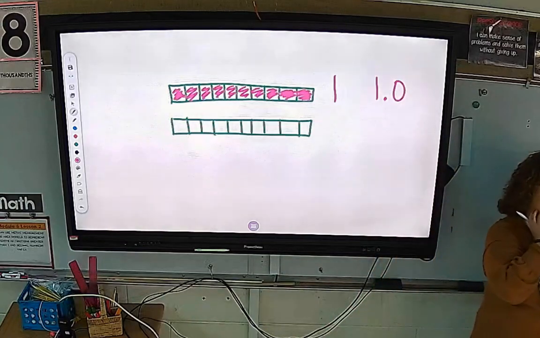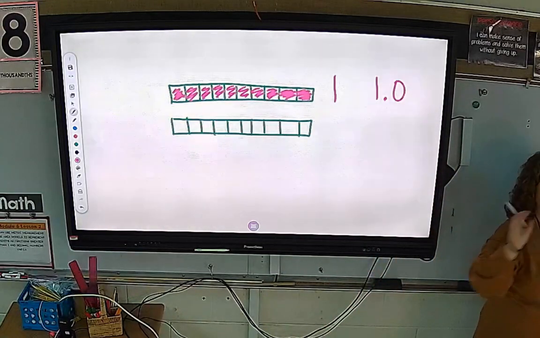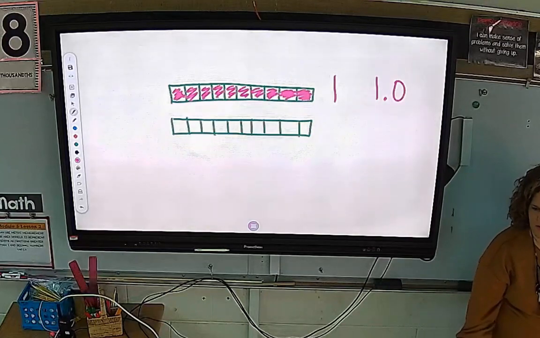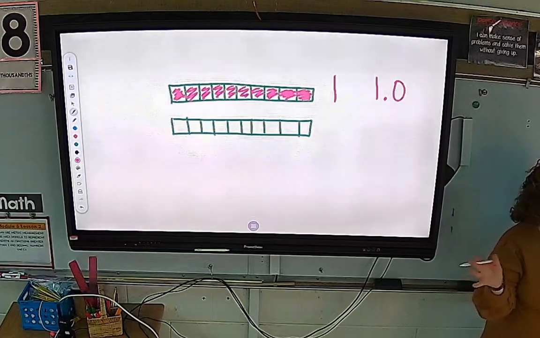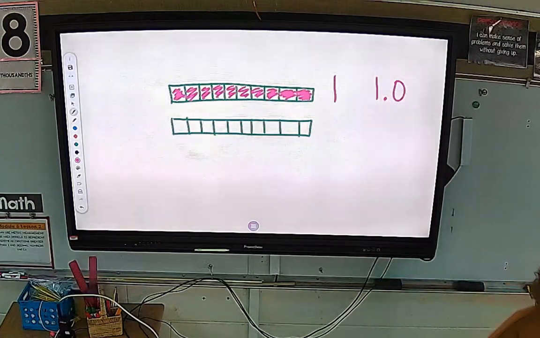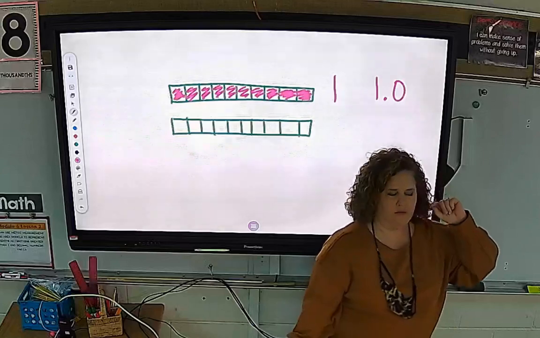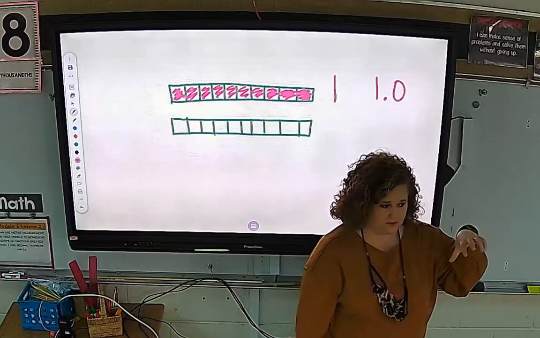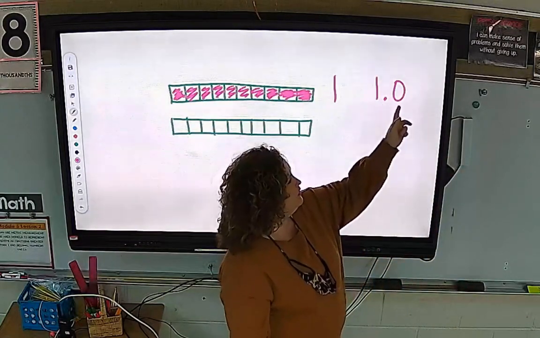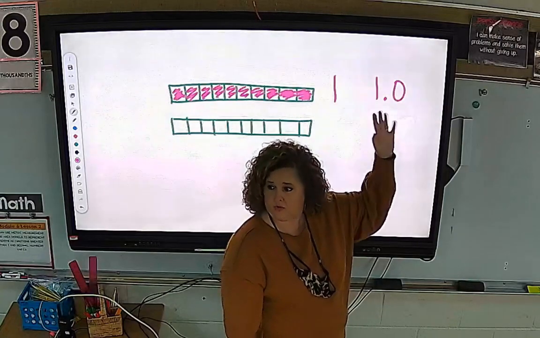Okay. Somebody asked yesterday in second period, do we have to put that 0 all the time? Because y'all know what we did on our boards yesterday. We were writing 0.1, 0. It does not have to be there, but I told them right now it's important because it is reminding you that something does go there or could go there.